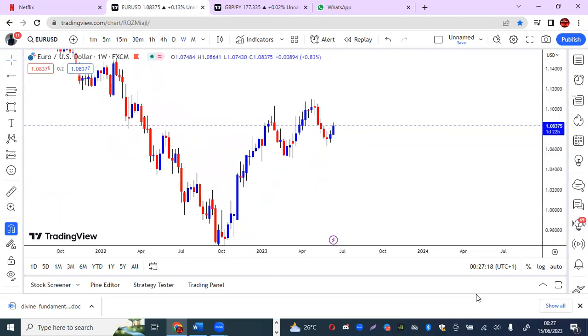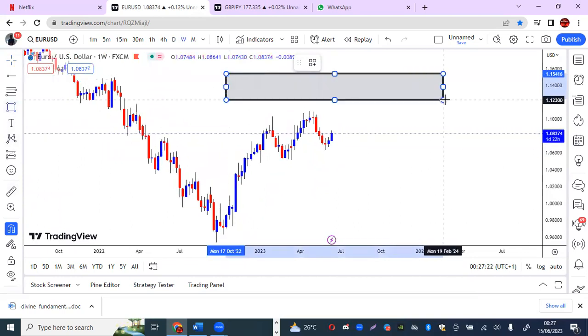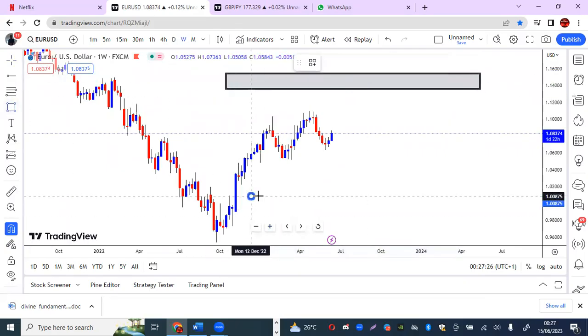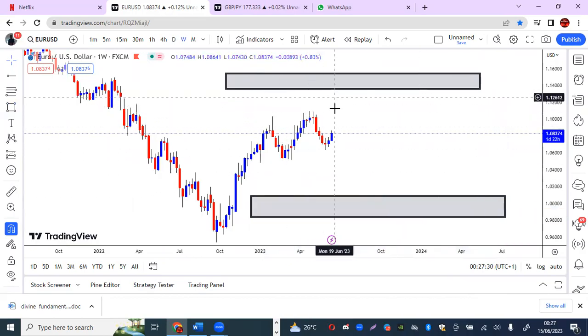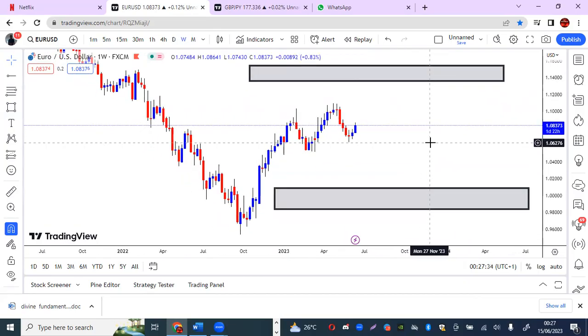Okay, so remember yesterday we talked about the zone. We said this is our supply and this is our demand zone, and market moves from zone to zone. So how do you identify zones? We also talked about the kinds of supply and demand.